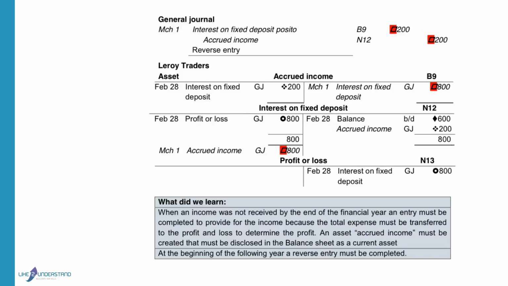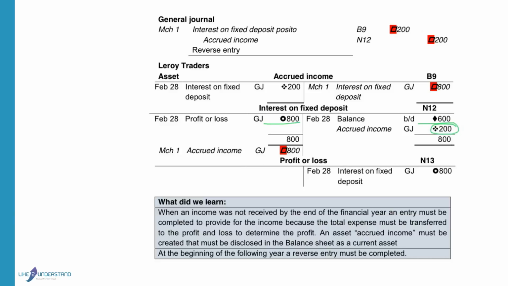In the interest on fixed deposit account, there was an opening balance of 600 Rand. We calculated that the total amount should be 800, so the amount that must go to the profit and loss must be 800. The difference between the 800 and 600 is 200 Rand.